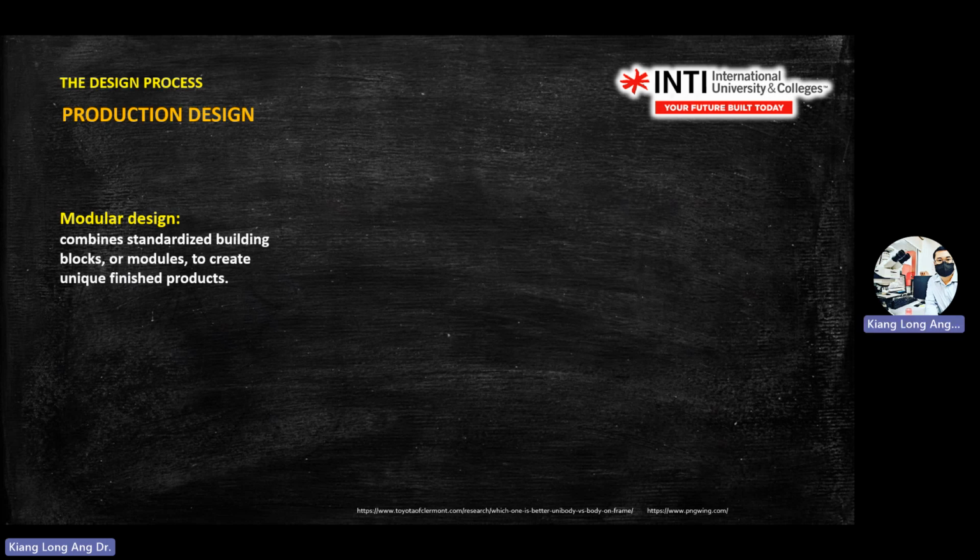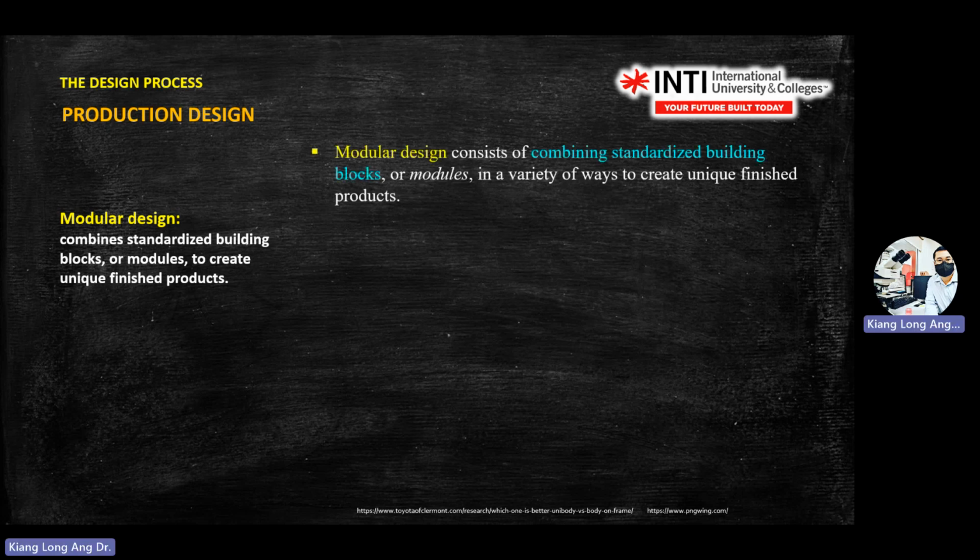Nowadays they buy the wall. They call it Lego, the wall or module. They just fix it, then put in cement at a certain corner or pump in resin. Then that's it. So this is called module design or modular design. They combine all the standard blocks together, like Lego bricks.